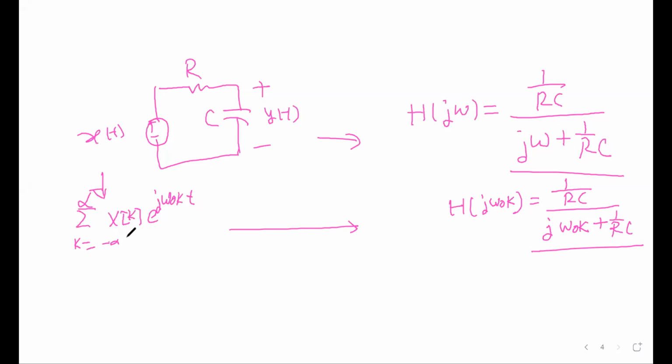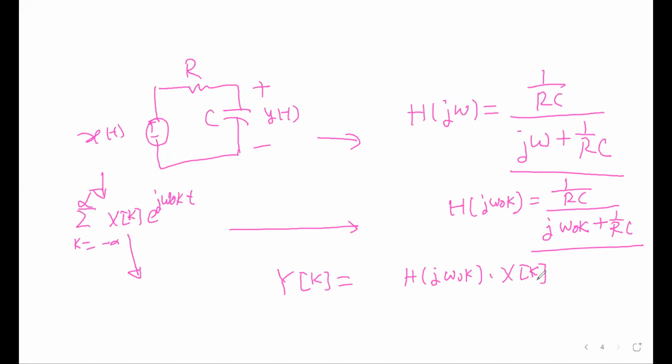Now, if your xk is known to you, then your yk is equal to what? Your yk is equal to simply h of j omega 0 k multiplied by xk.